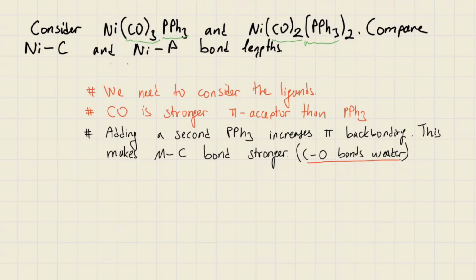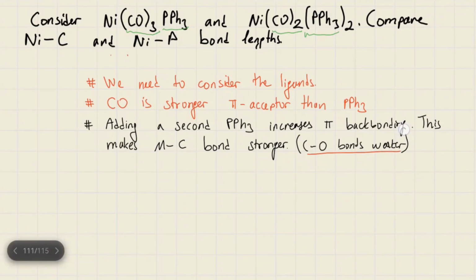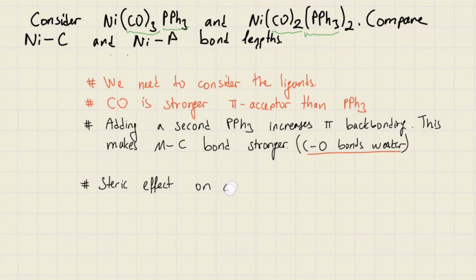Due to the steric effect in the bisphosphine complex, there is a repulsion between the bulky PPh3 ligands, and the nickel center is more electron-rich, which weakens the nickel phosphorus bond. So there is a steric effect on complex 2.